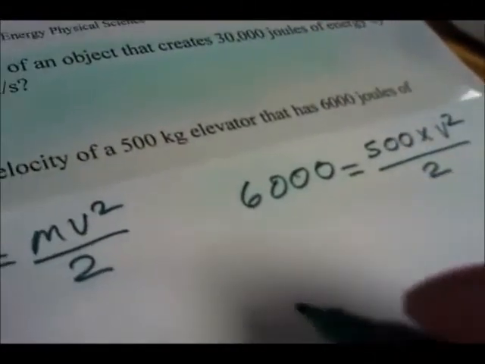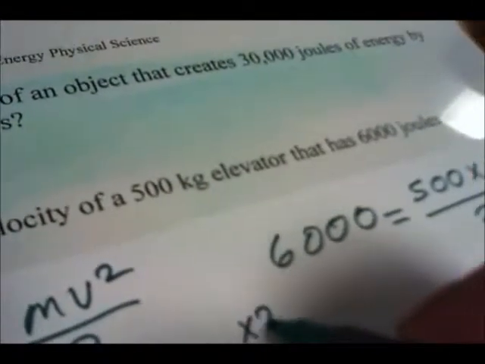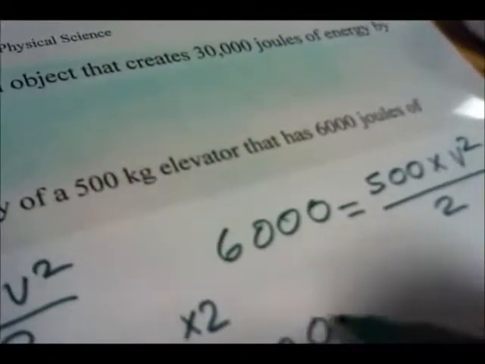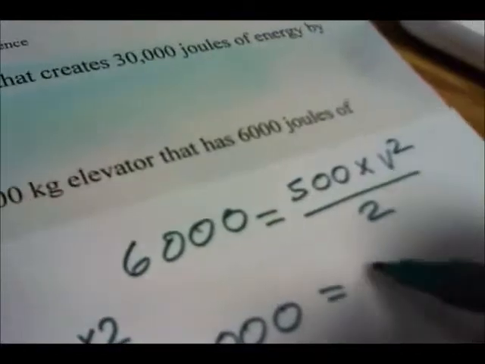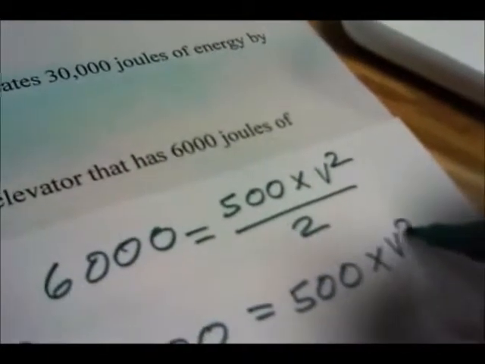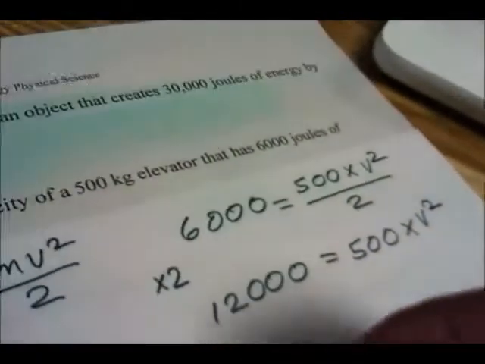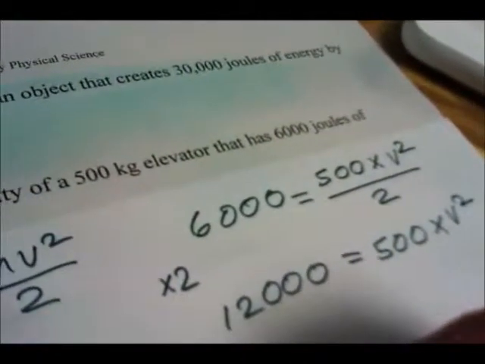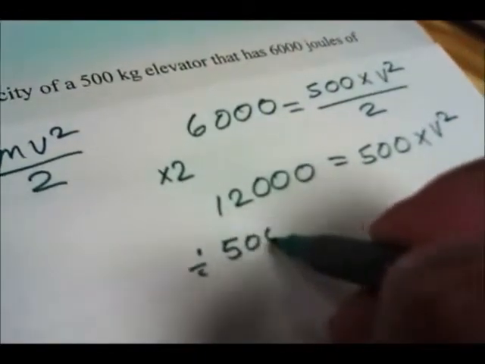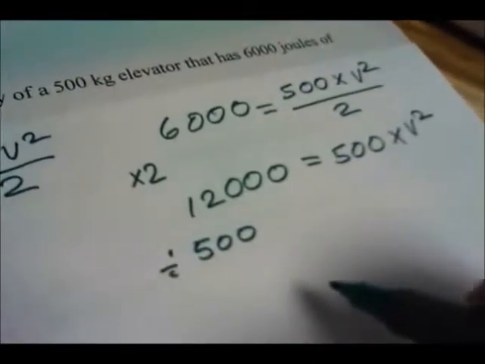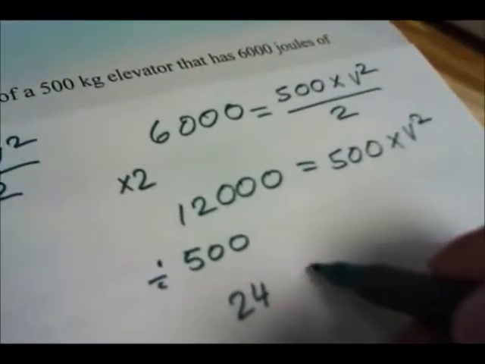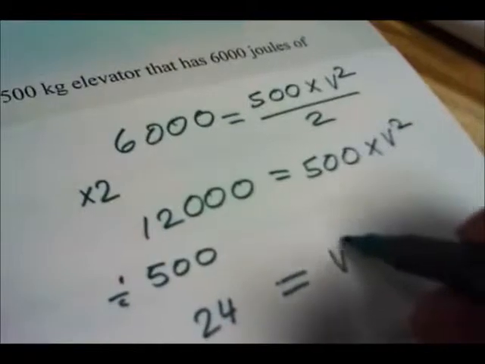The first step is to multiply both sides by 2. When we do that, we get 12,000 on this side equals 500 times v squared. Our next step is to divide both sides by 500. When we do that, we get 24 on this side equals v squared.